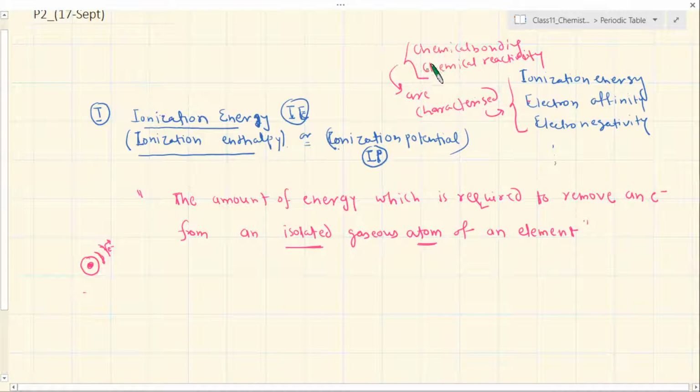There are many things which you can understand and discuss only if you know these parameters about individual elements. So that is the significance of them.